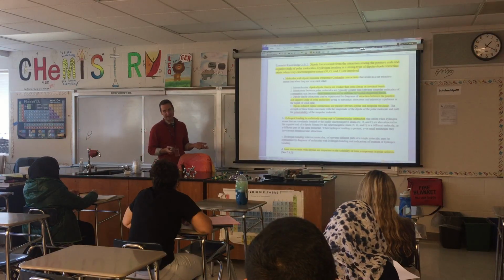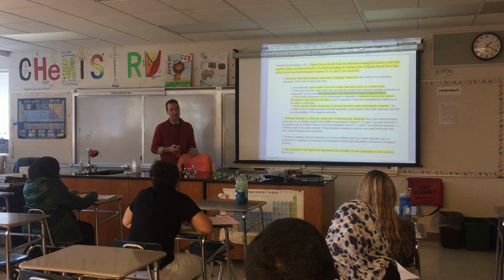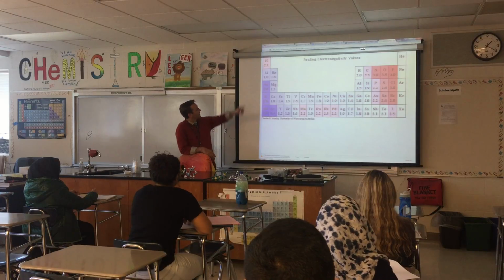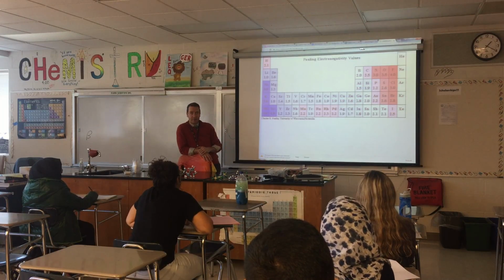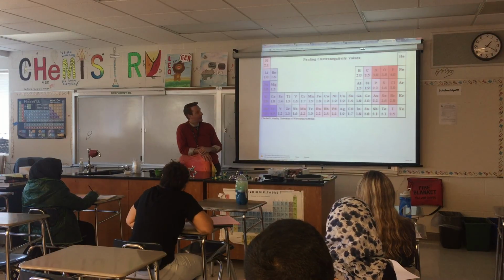That would make sense, right? Coulomb's law says the bigger those partial charges are, the stronger the attraction should be, right? But if we look at it, HI is actually the least polar of those three that I talked about, right?